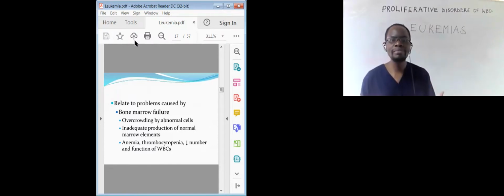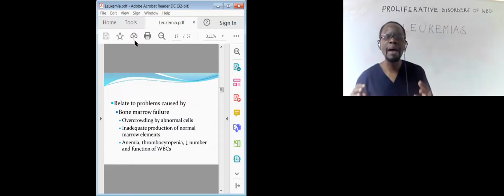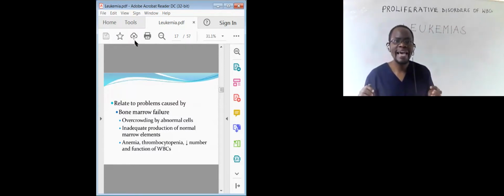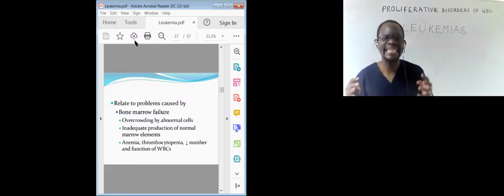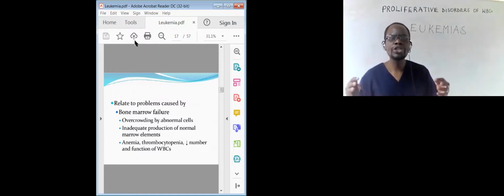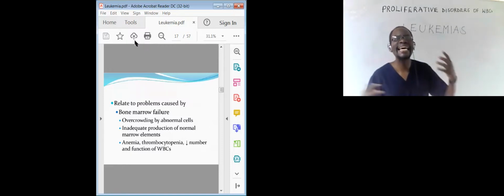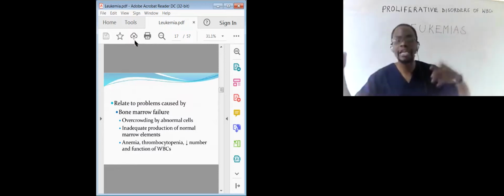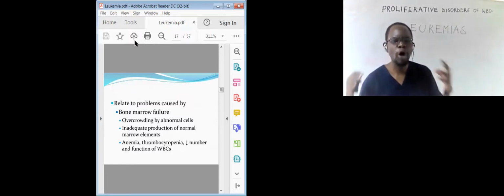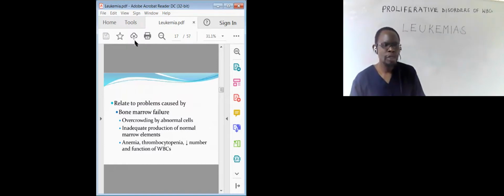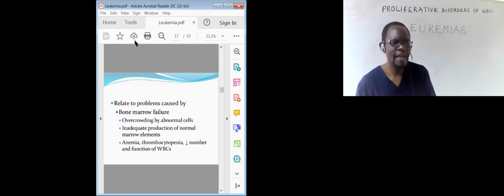So what problems come up? Bone marrow failure, because these abnormal cells overcrowd the bone marrow, and they start competing with the normal cells, but they also eat up all the nutrients. So that is one of the problems.